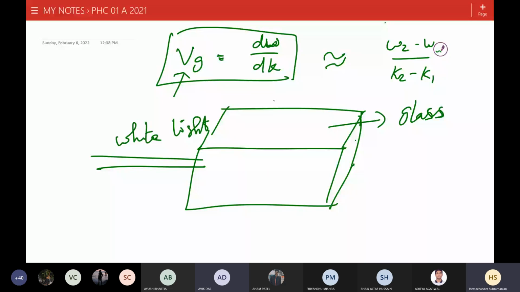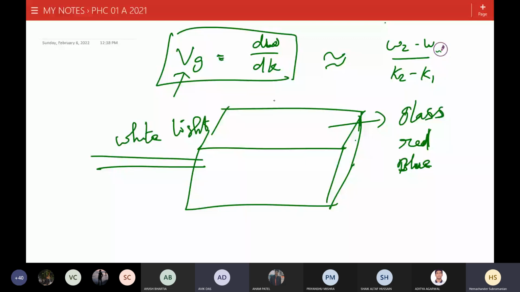Now let me ask you guys: would the velocity of the red light be different from the velocity of the blue light inside the glass? Yes, sir. It'll obviously be different, right? Yes, sir, because the refractive index for every wavelength will be different. Absolutely. So the refractive index will be different.